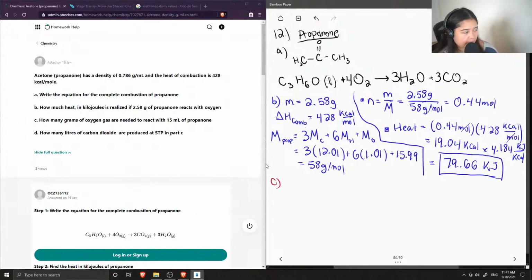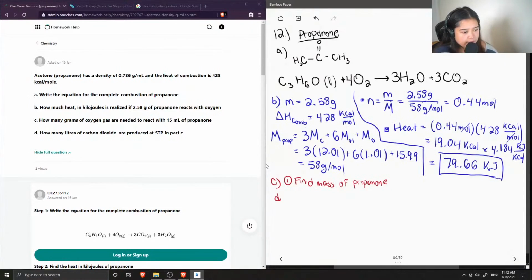Part C, how many grams of oxygen gas are needed to react with 15 milliliters of propanone? So they give us the density of propanone. So step 1 of part C is to first find the mass of the propanone in 15 milliliters.